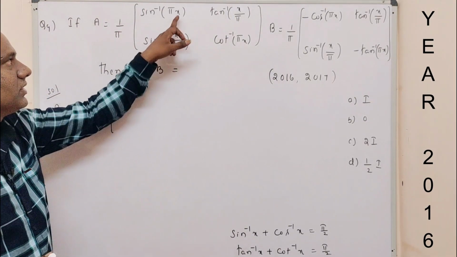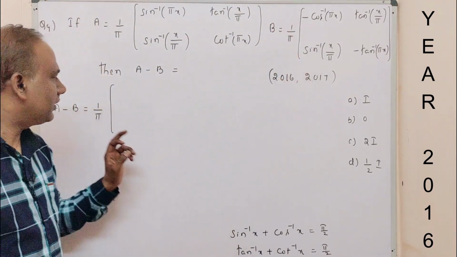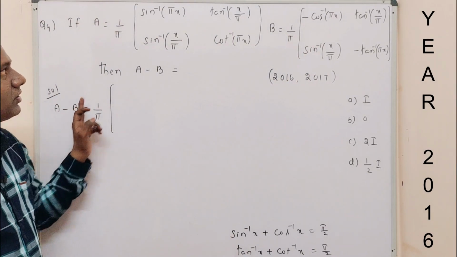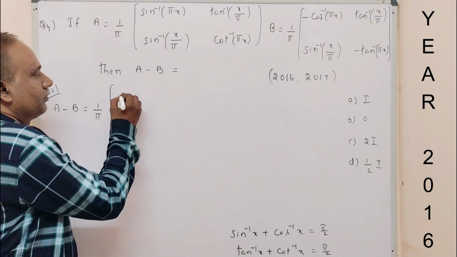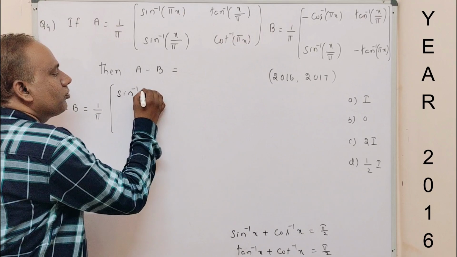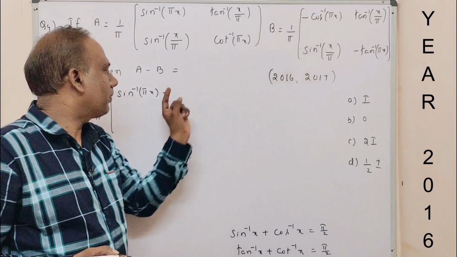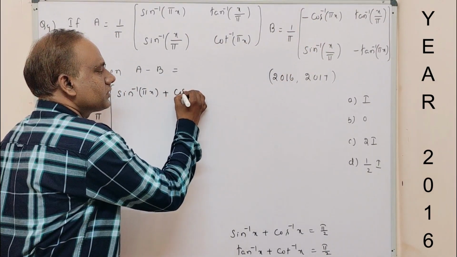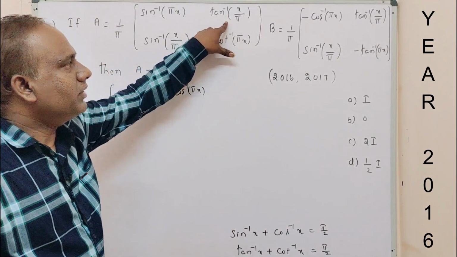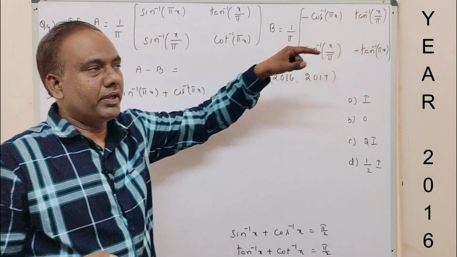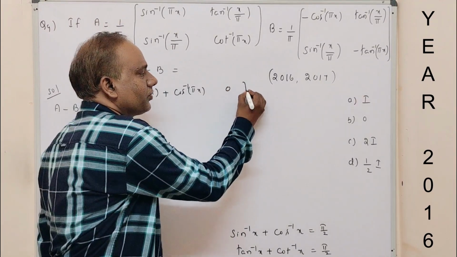So I write the direct answer. Sine inverse of pi x. Here it is minus, no? Actually here we are doing subtraction, no? So minus of minus is plus. So sine inverse of pi x minus, it is minus cos inverse of pi x. Now minus into minus is plus cos inverse of pi x. Next, tan inverse of x by pi minus tan inverse of x by pi is 0.